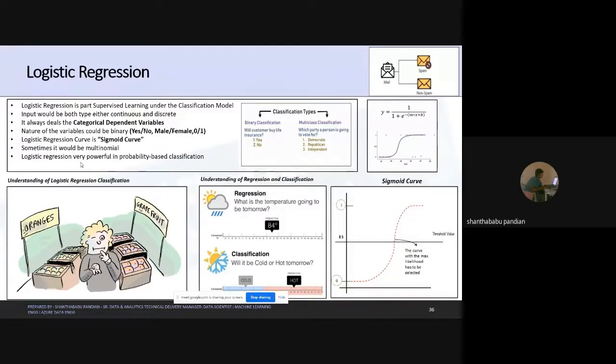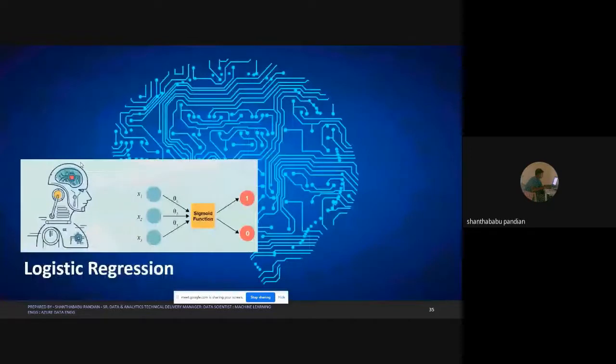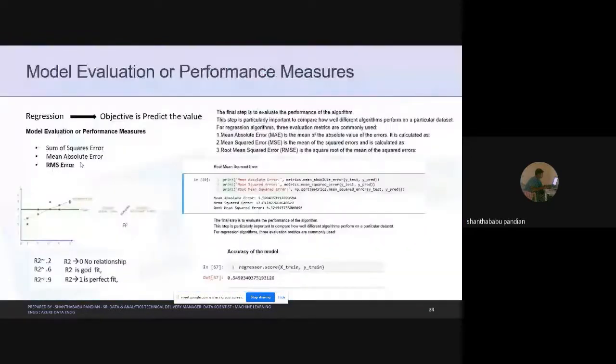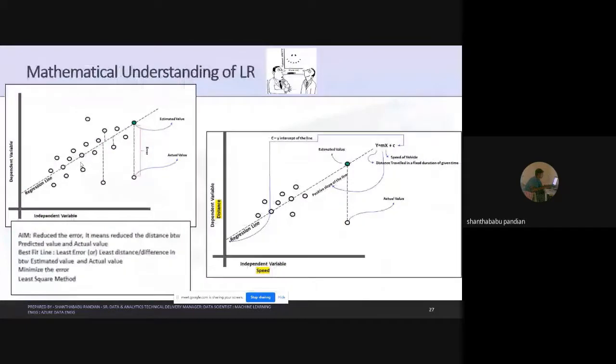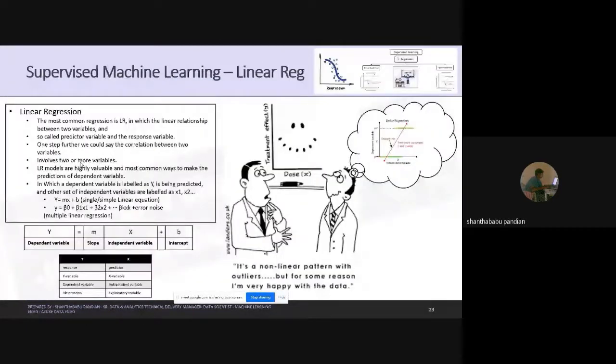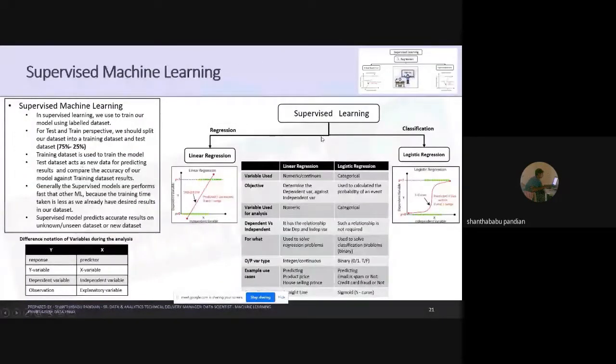That's very, very important. So I'll go back a few slides. I want to reiterate this because it's very important and interesting. So, linear and logistic. I don't know how many of you went through these slides.